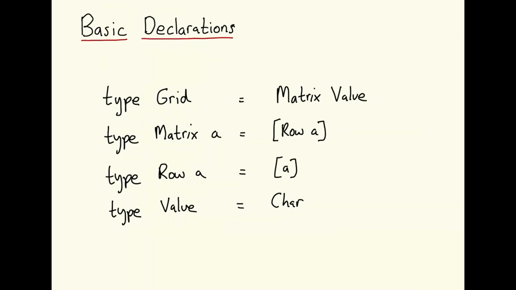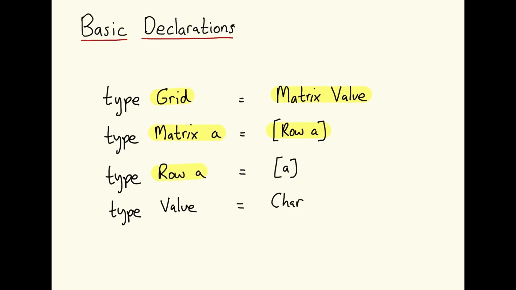So what we did last day is we defined a bunch of new type declarations, and we defined some simple functions which we're going to be using today. So I want to start by reviewing these as well. Here are the basic definitions for types which we had. We said a Sudoku grid is going to be a matrix of values, and a matrix of things is going to be a list of row of things.